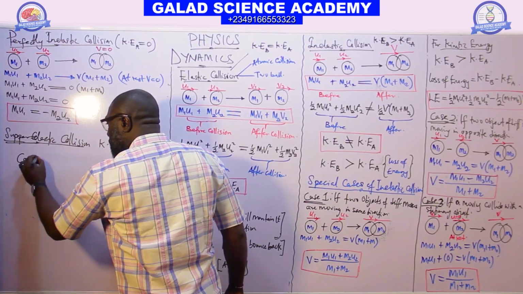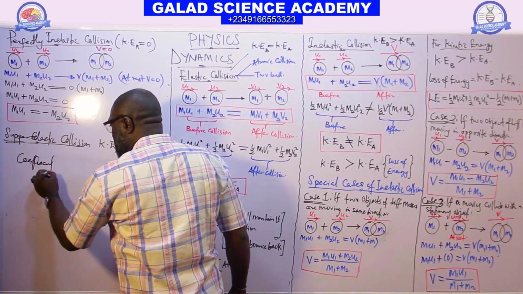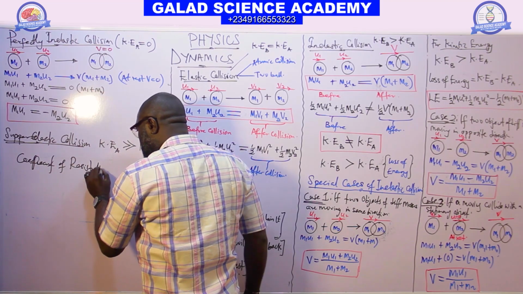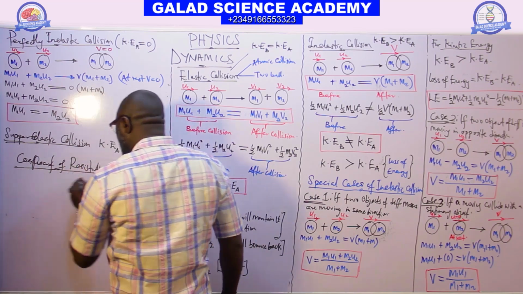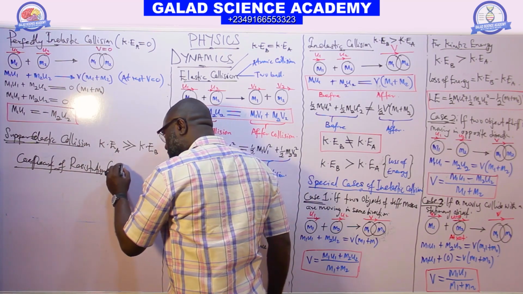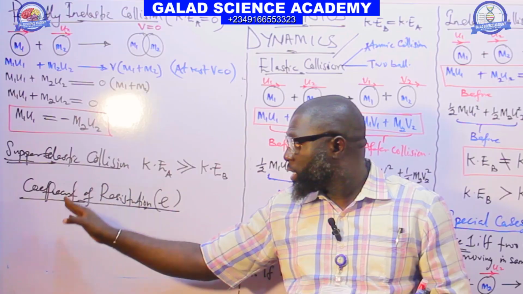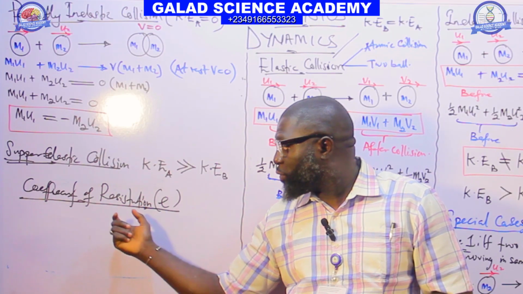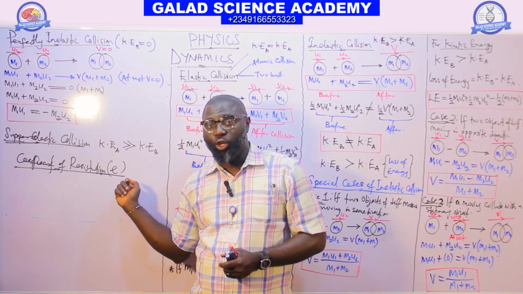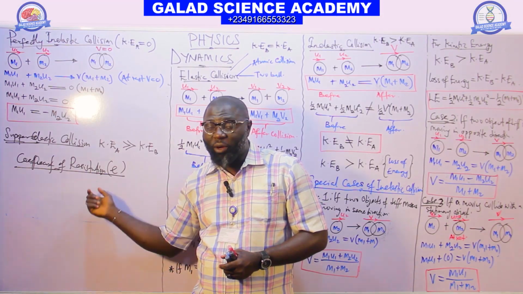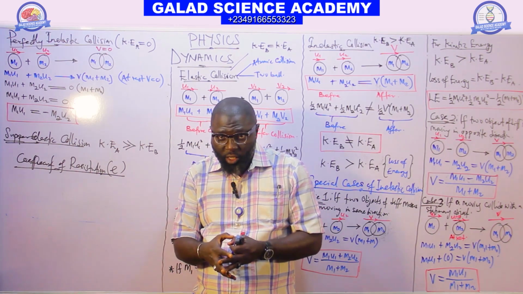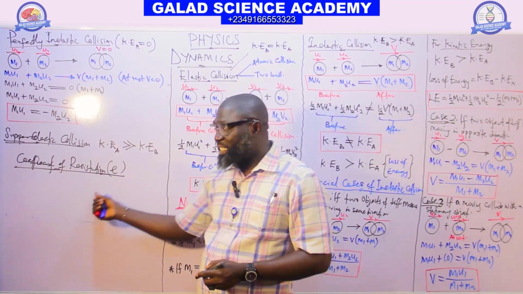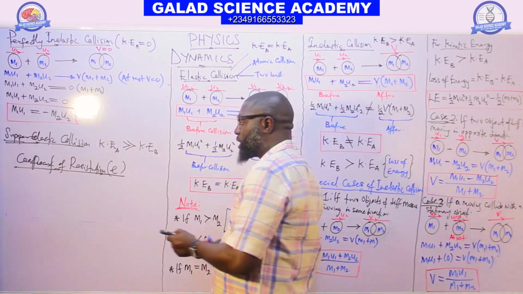The coefficient of restitution, which is denoted by E, is the ratio of the relative velocity of separation after collision to the relative velocity of approach before collision.